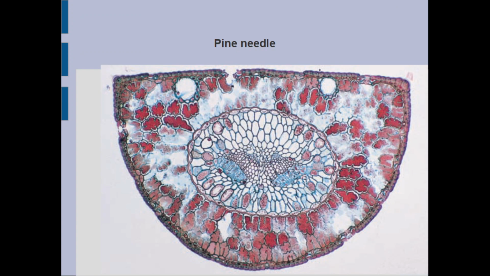Eudicot leaves usually have a broad blade and petiole, and usually they have netted venation.